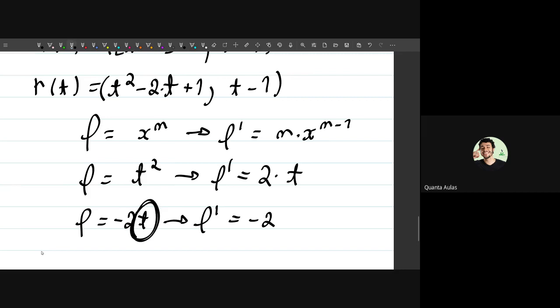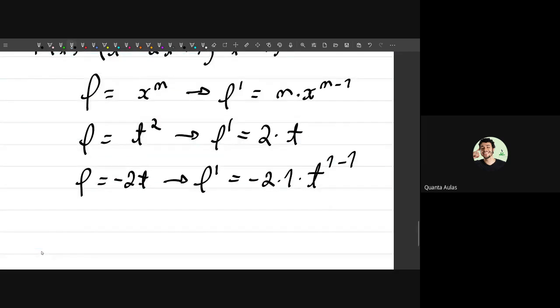But you really need to derive the letter t. So what is the derivative of t? If you think a little, we have 1 here. So 1 is the n. This 1 goes down, and you have t to the power of 1 minus 1.